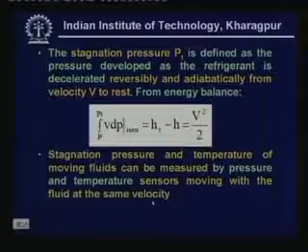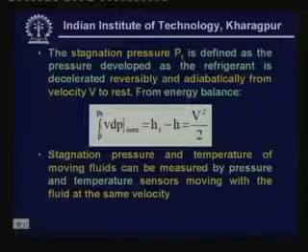Similar to stagnation enthalpy or total enthalpy, you can also define what is known as stagnation pressure and stagnation temperature. The stagnation pressure PT is defined as the pressure developed as the refrigerant is decelerated reversibly and adiabatically from velocity V to rest.